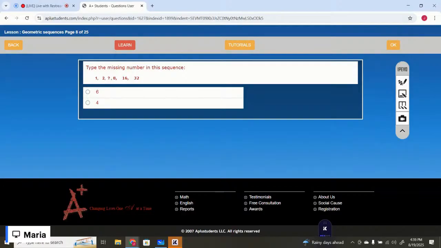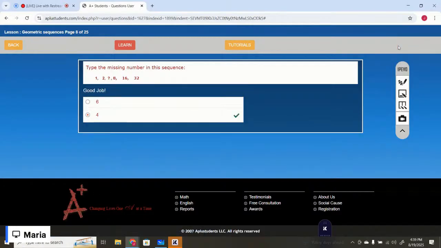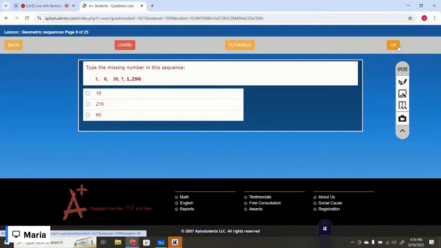Option number 2 is the correct option. Type the missing number in the sequence.